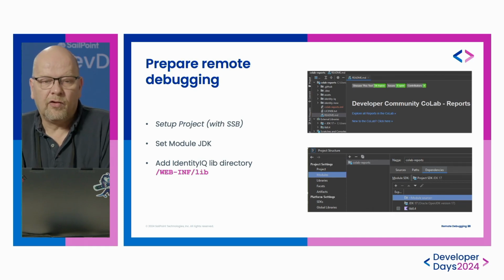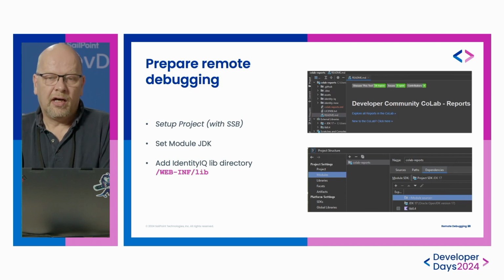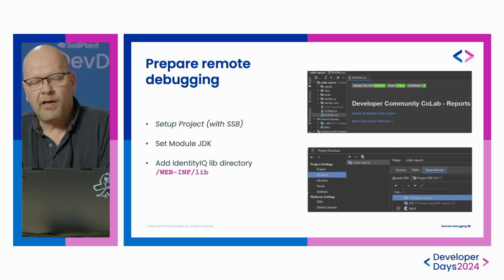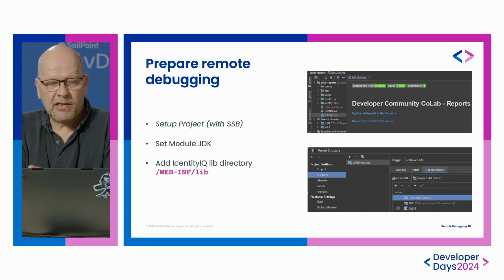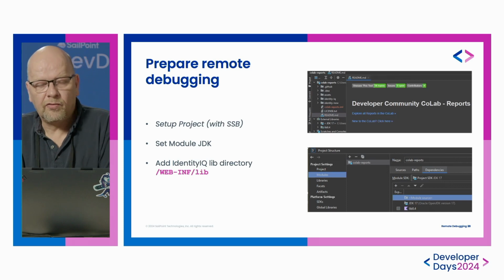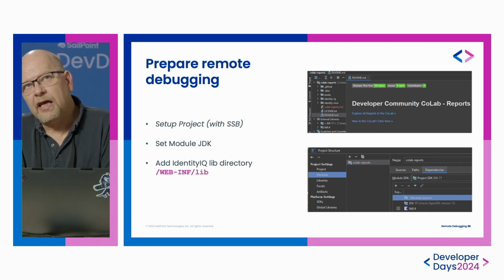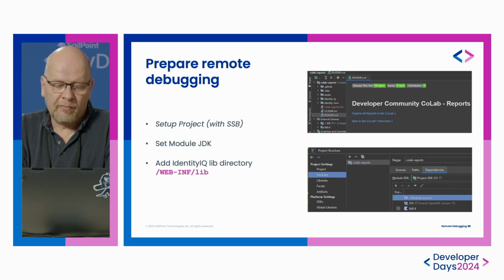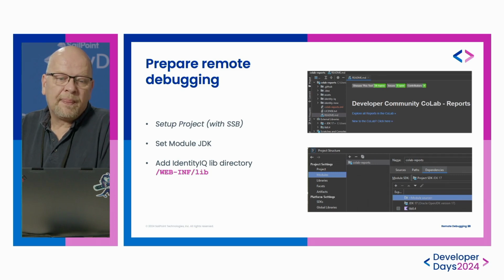So it will also recognize all the API calls from IdentityIQ itself, and that makes it simpler to also interrogate all the different variables. And I will show an example of that one later as well.